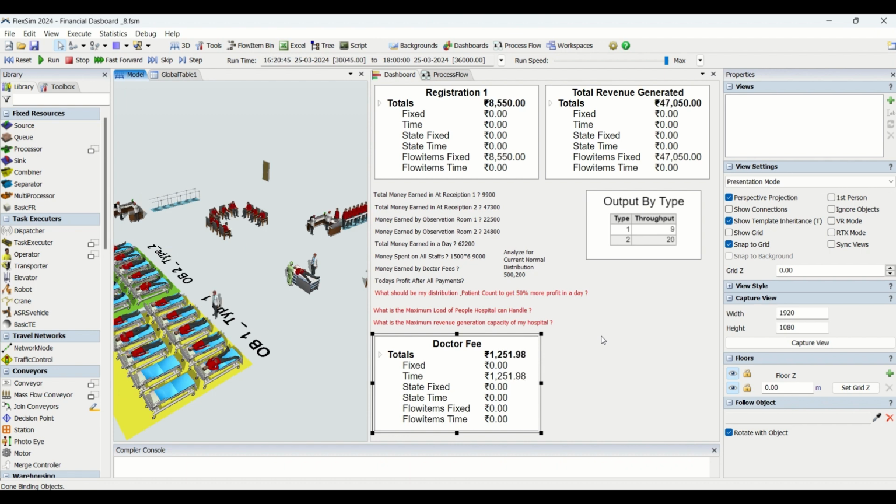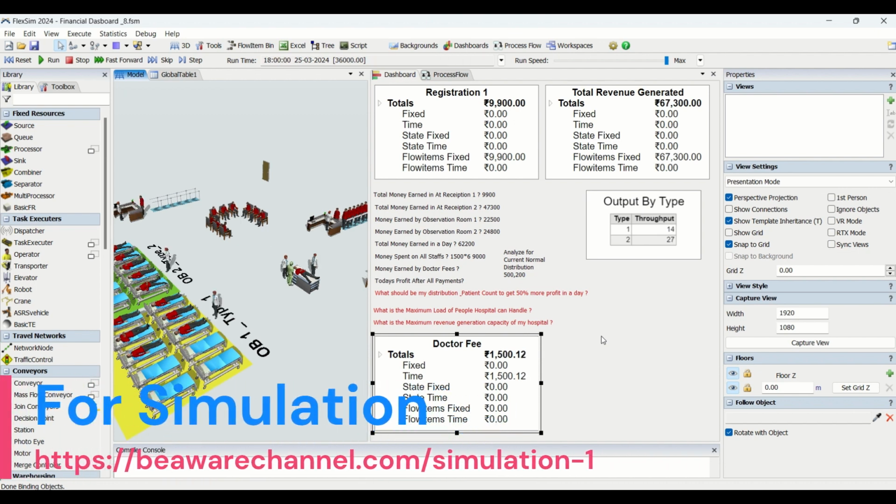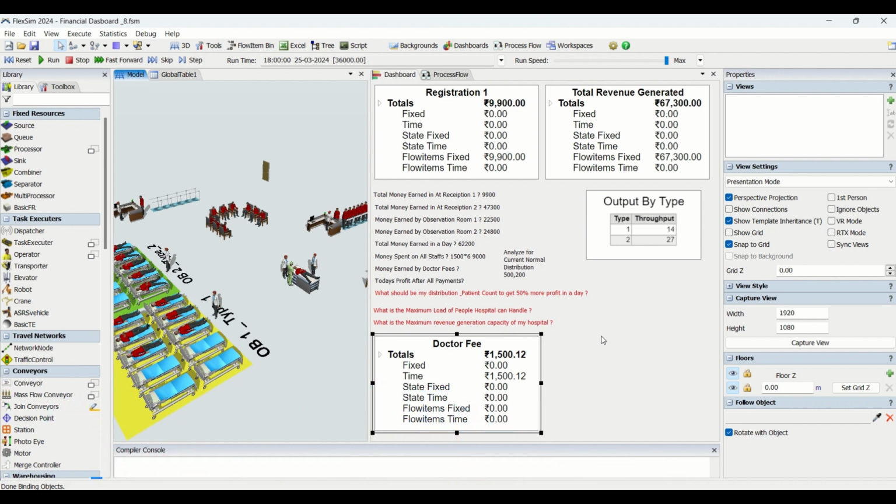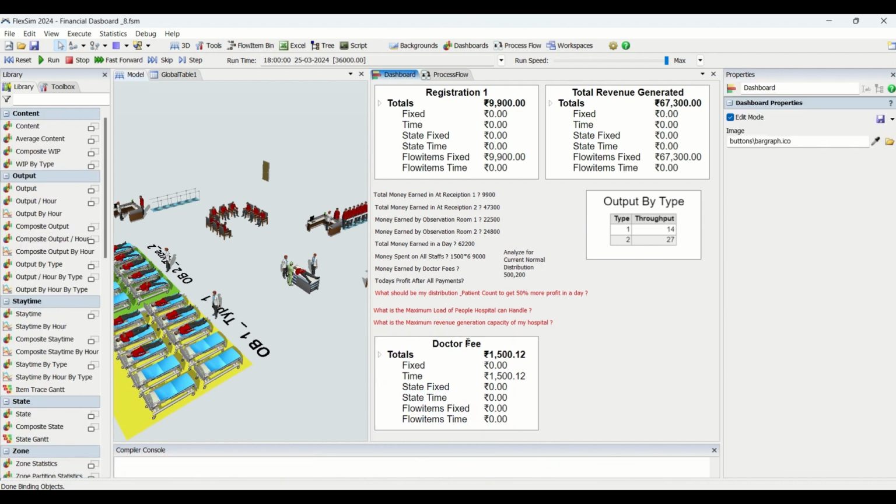But when we calculate all of these questions and get the answers in a single go, it is going to be very tricky for us, and this is where the financial dashboard is going to help us. Now we are answering each question one by one, so it looks very easy.